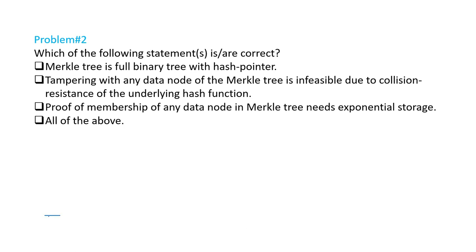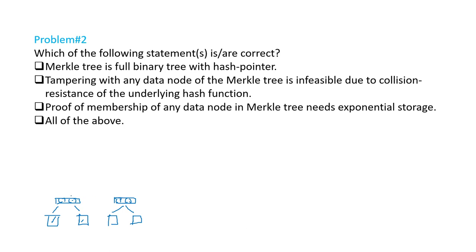So let's say you have several data nodes. The data nodes act as leaf nodes, and you store the hash value of these nodes, right? You concatenate the hash of block 1 and the hash of block 2, and here the hash of block 3 and the hash of block 4.